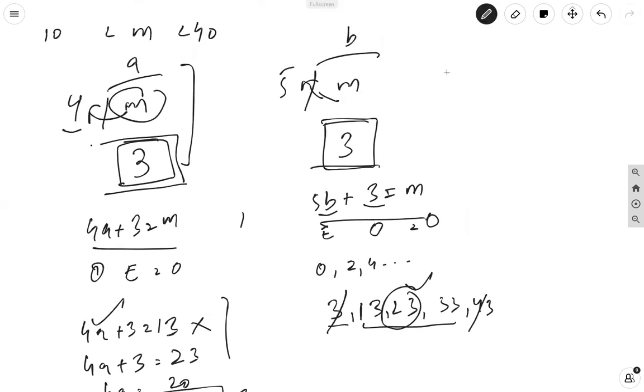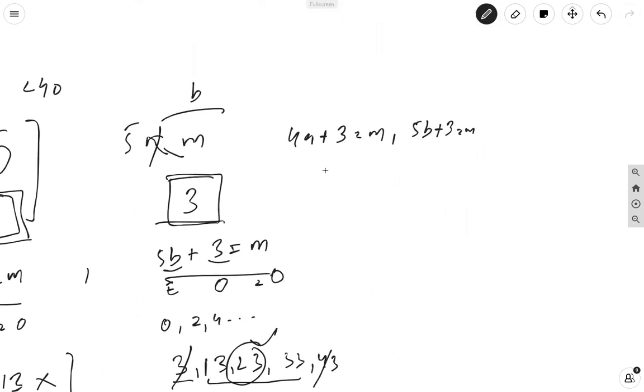Okay, so we have 4A + 3 = M, and 5B + 3 = M. When A is 0, this is 3. When A is 1, this is 7. When A is 2, this is 11, right?